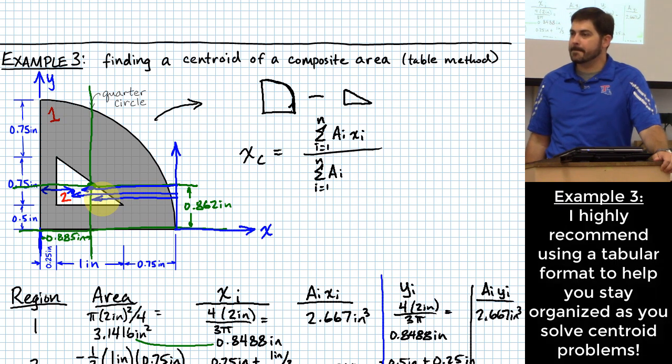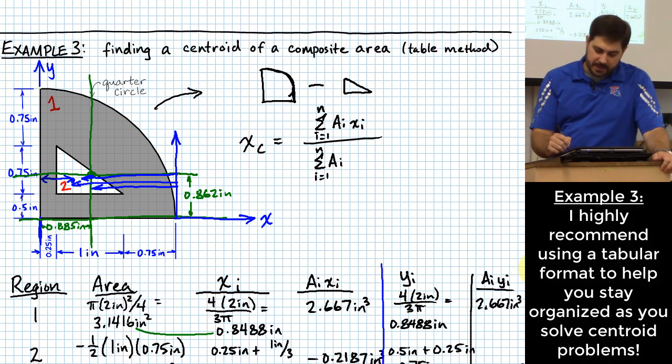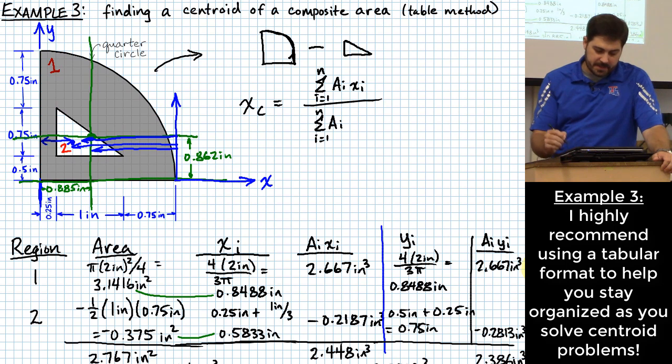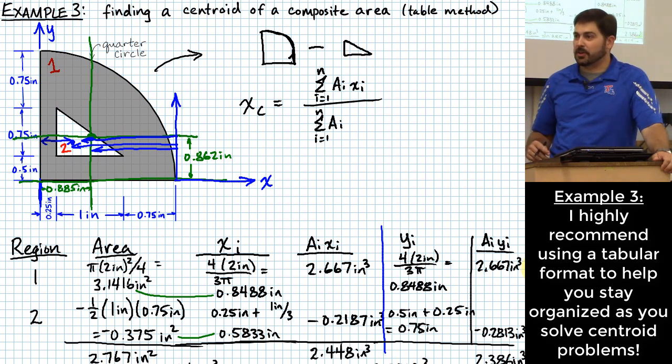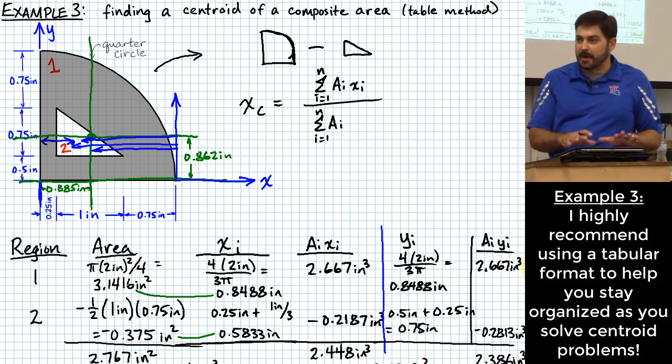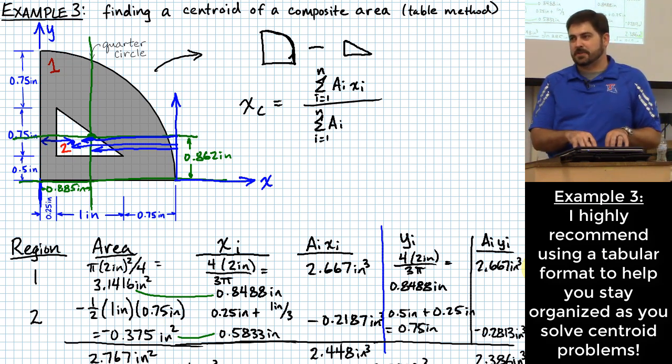Is the chart a good way to make sure you don't get lost in calculations? I could see myself getting lost midway through the problem. I think what you're saying is, is doing this tabular solution like this a good way to keep yourself from getting lost partway through the solution? The answer is 100%. Because there's nothing hard about any one of the bits of math that you have to do with this.